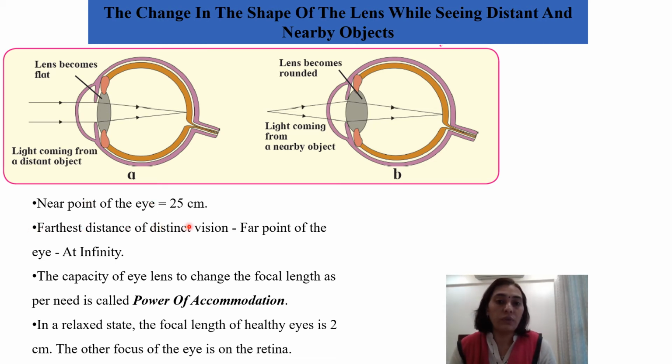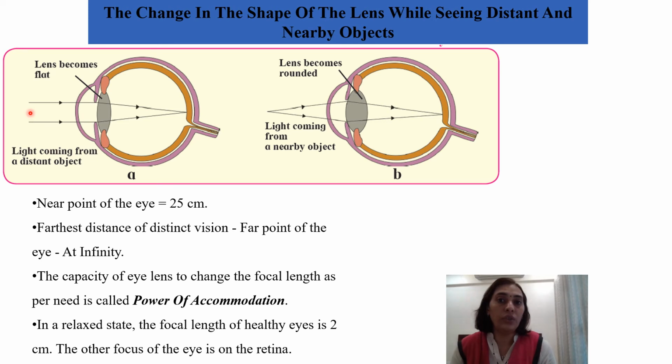Farthest distance of distinct vision, far point of the eye, at infinity. Similarly, the farthest object which can be seen clearly without any strain on the eyes. The farthest object that can be seen clearly without any strain will be at infinity for a normal vision. The farthest point from the eye that can be seen clearly is called the far point, or range of visibility, and it is at infinity for a normal eye.